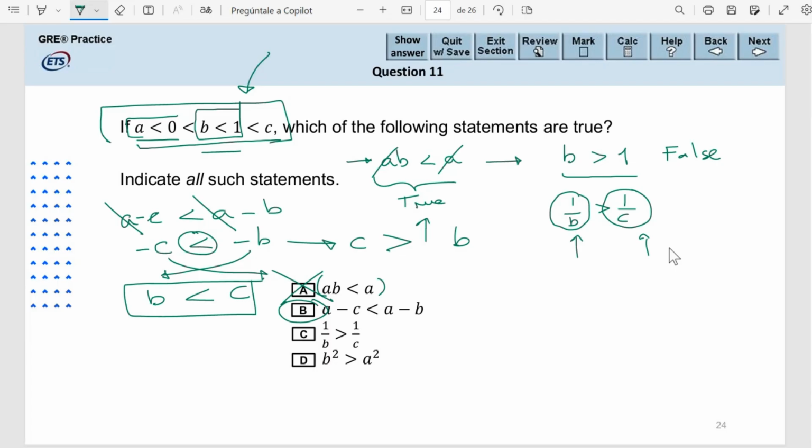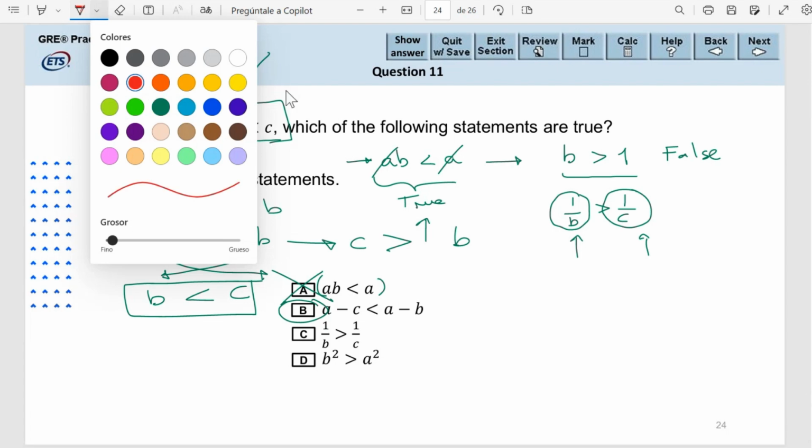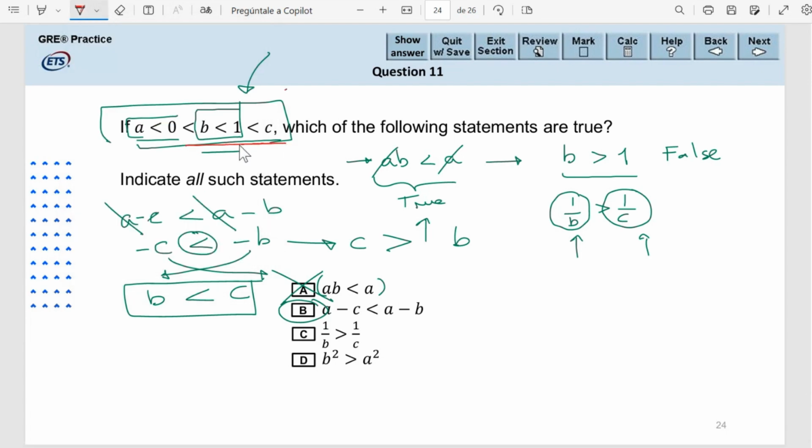Now, can we tell? Notice the initial conditions here. What sign do B and C have? Positive. They are both positive. So if I divide 1 by a positive number, what do I get? Positive or negative? 1 is positive.